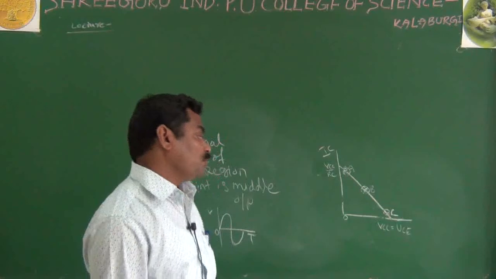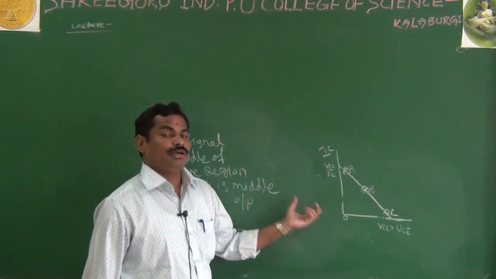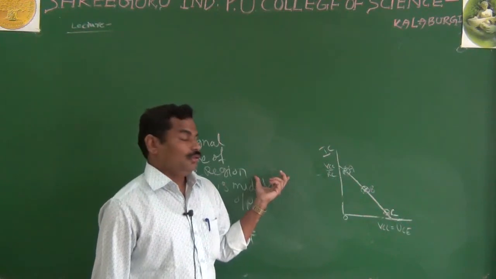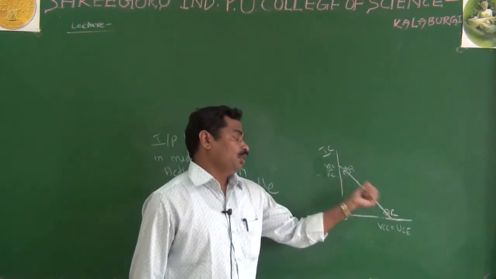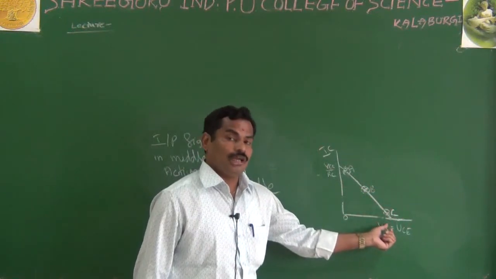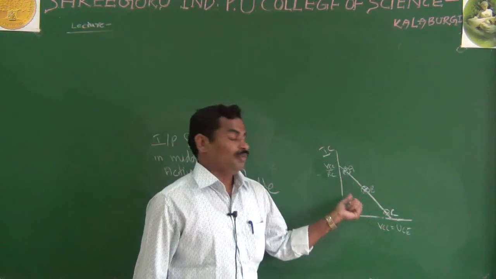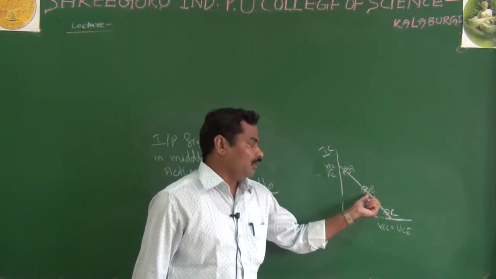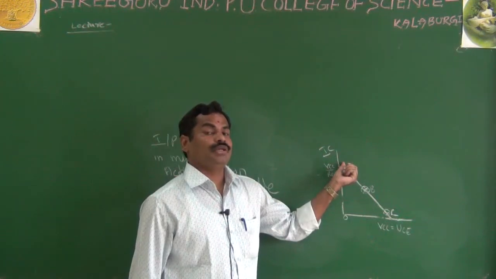This is the importance of your Q point. Keep it in mind always whenever you are considering an amplifier. The Q point should not shift towards saturation, and it should not shift towards cutoff. That's why I said at the beginning the necessity of biasing. If it shifts towards saturation, the positive half cycle will clip.